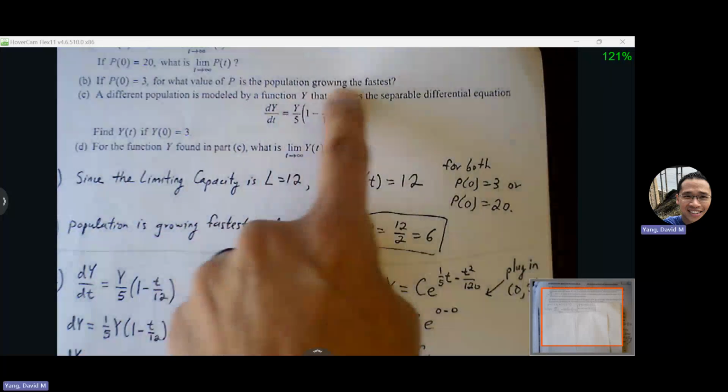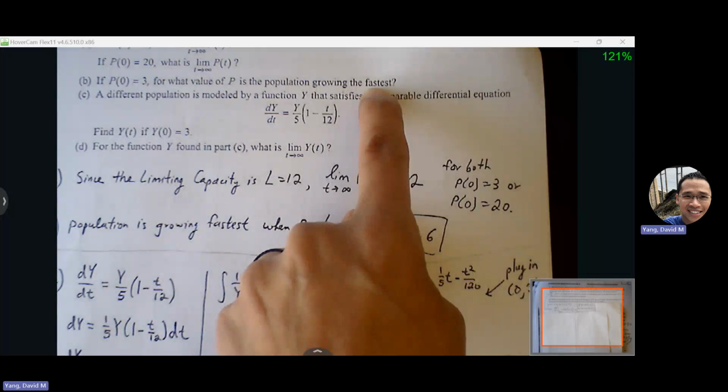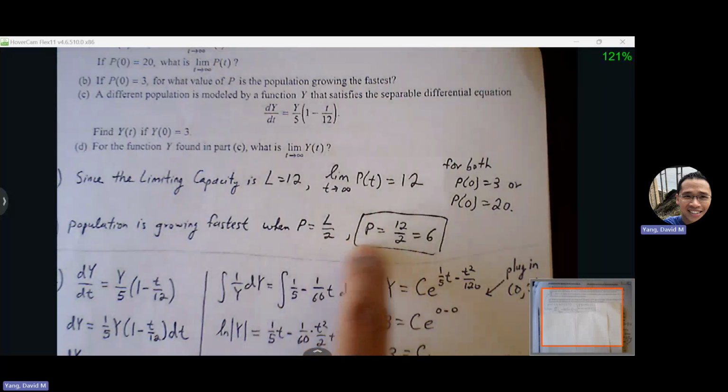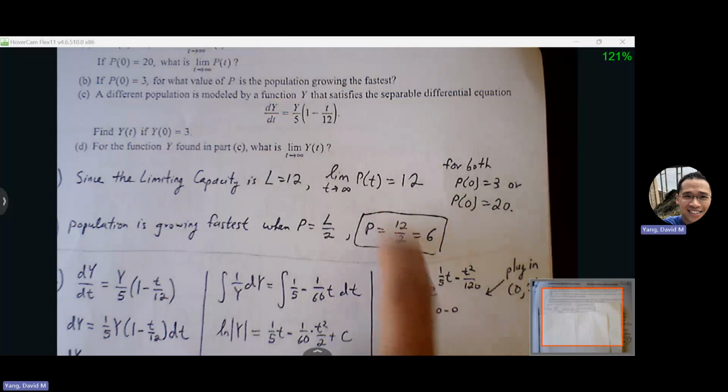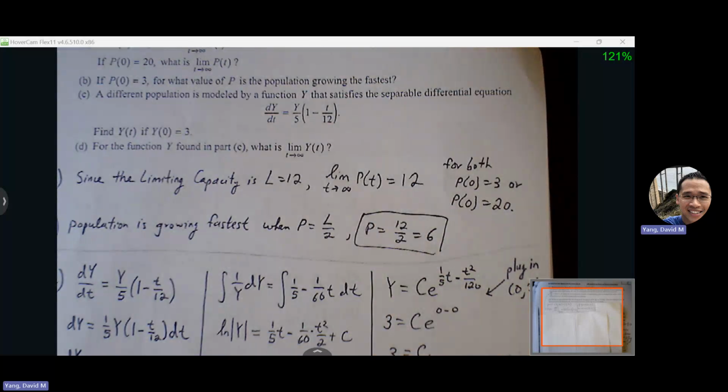And then for what value of P is the population growing fastest, it's going to be at that point of inflection, which is at L over 2. And we know that's 12 over 2, which is 6. So as far as logistic equations go, you just identify that L value and you know that the growth is fastest at that L over 2.